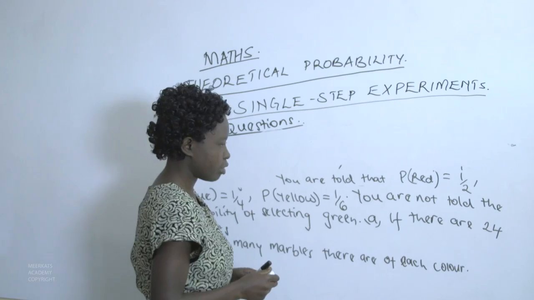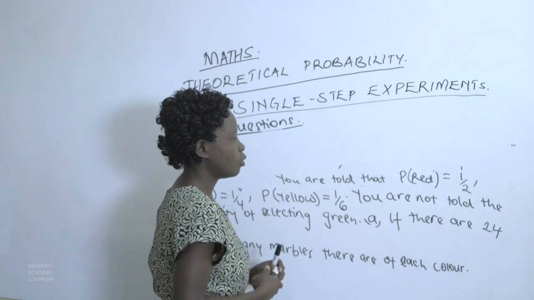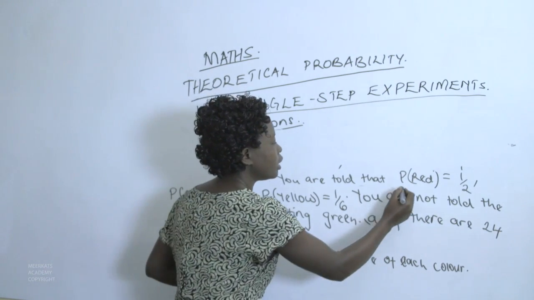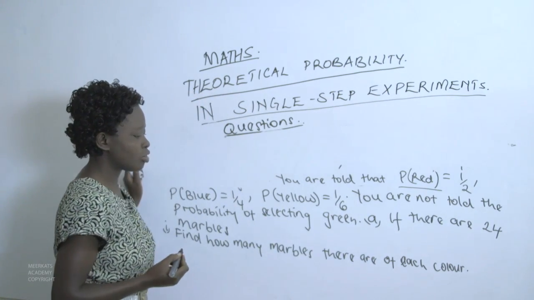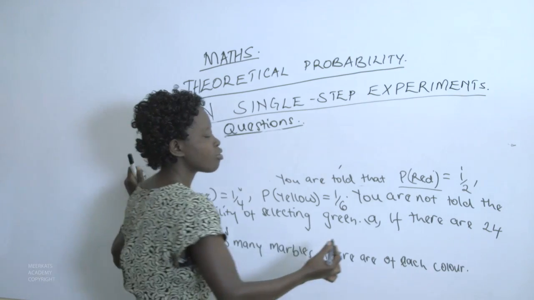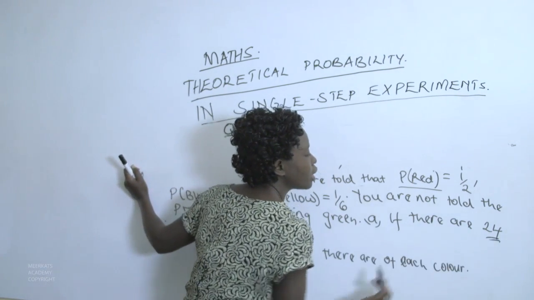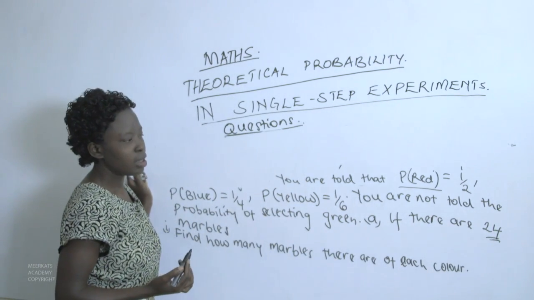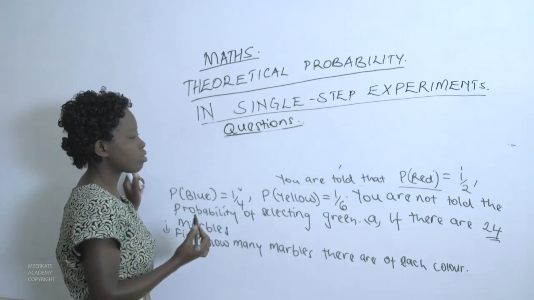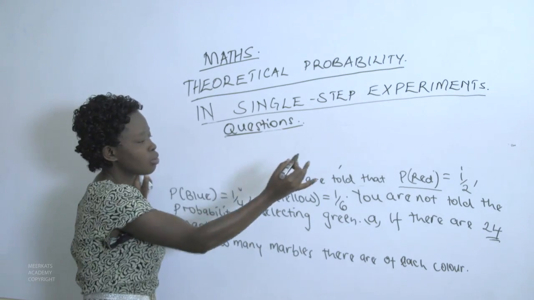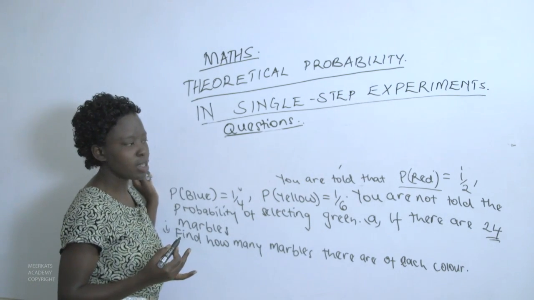So the probability for red we've been told is 1/2. So the probability of selecting red is 1/2. It means if the total number of marbles in this bag is 24, then we need to get how many red marbles are in this bag. Then we will use the probability that we've been given for red.